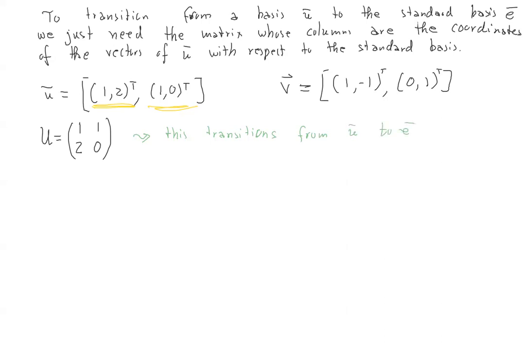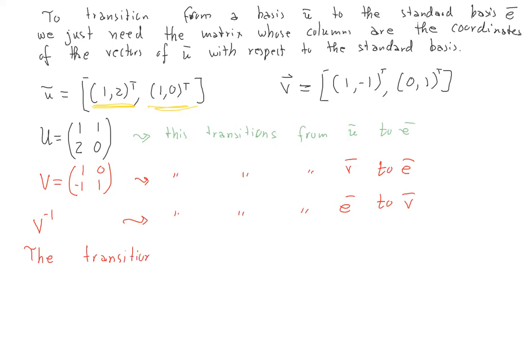By the same token, the matrix V, where I put the coordinates of (1, -1) and (0, 1), transitions from V to the standard basis, which means that its inverse will give us the transition from the standard basis to V. Now if you put the two things together, you can surmise that the transition matrix from U to V is V to the -1 times U. So that's our formula.